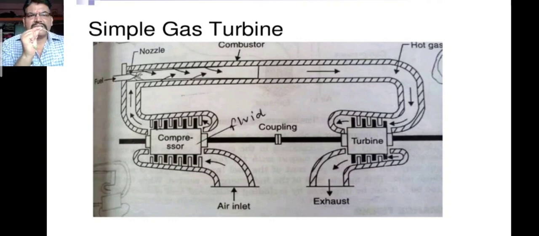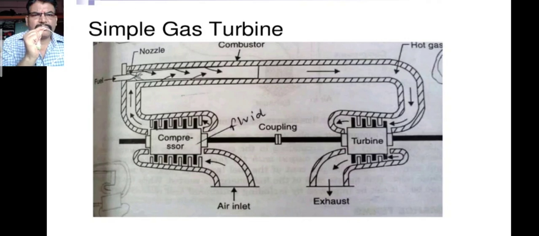That increased temperature air goes to the nozzle. You can see at the top portion of that pipe, the area is reduced. So the area, we can say, in the form of an orifice, so that the velocity increases up to the combustion chamber.